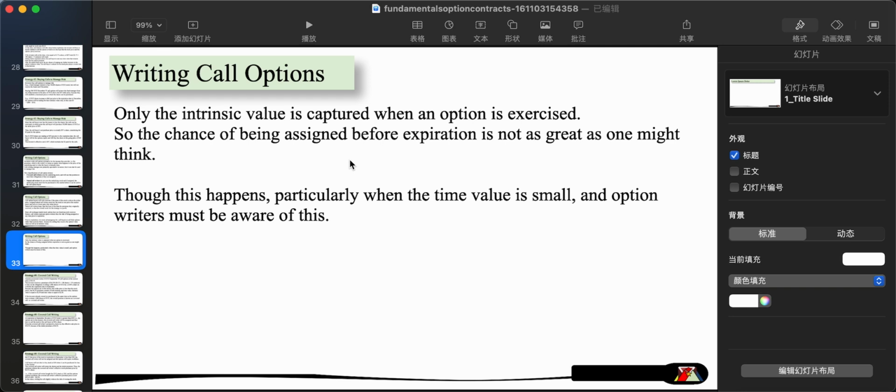So the chance of being assigned before expiration is not as good as one might think. Though this happens, particularly when the time value is small, option writers must be aware of it.